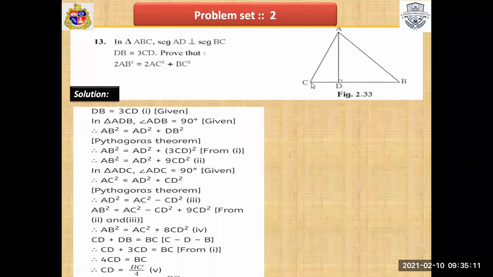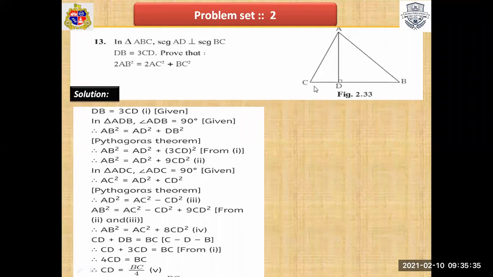Then C, D, B are collinear points. That means CD plus DB is equal to BC. But DB is equal to 3 times CD. So we write CD plus 3 CD is equal to BC.